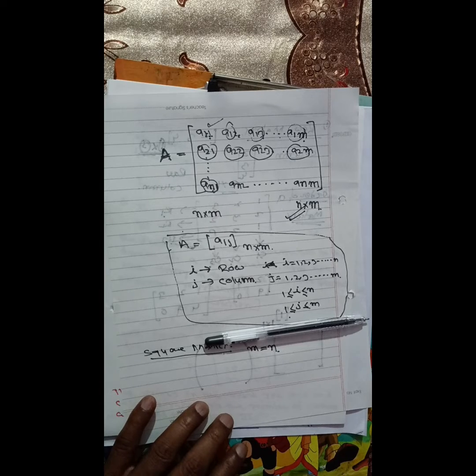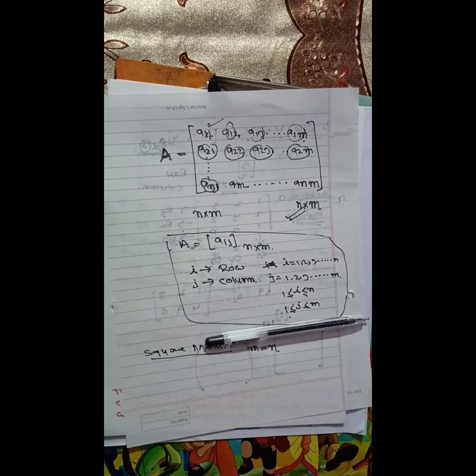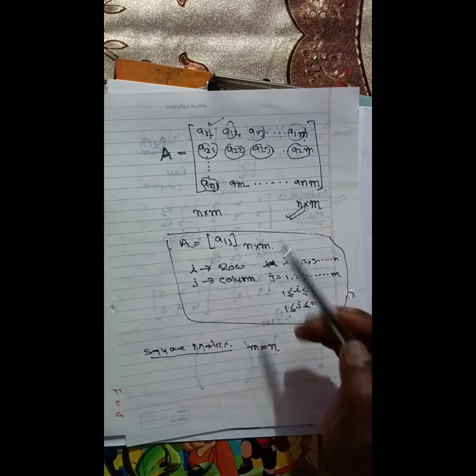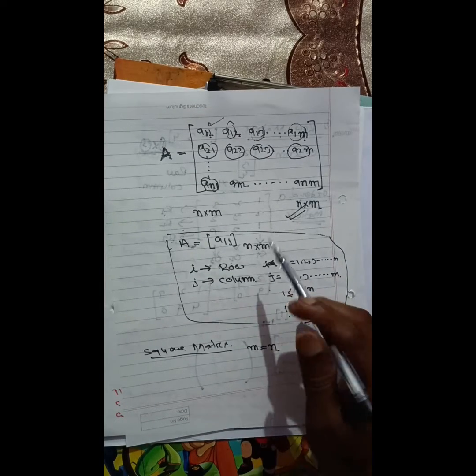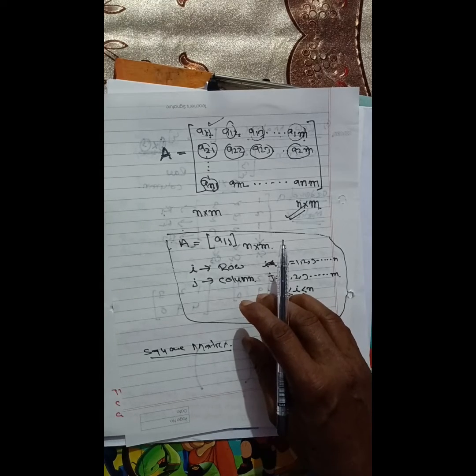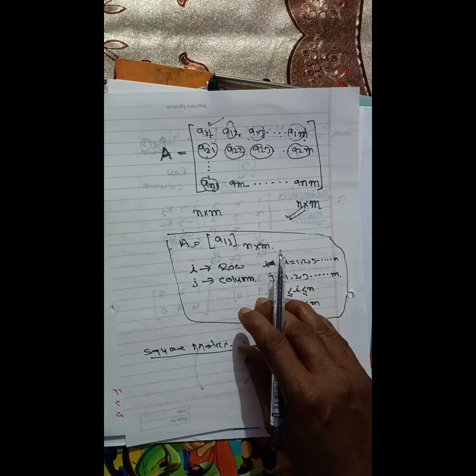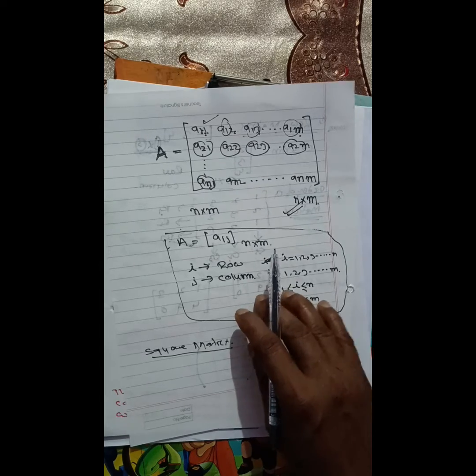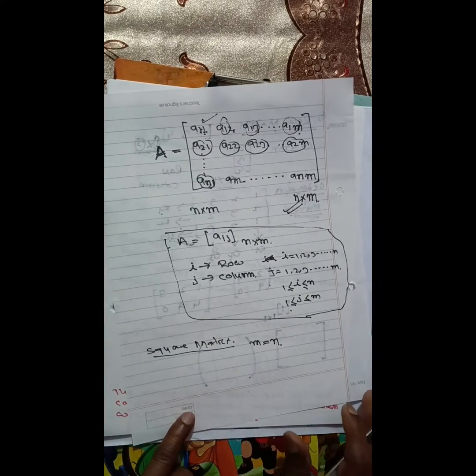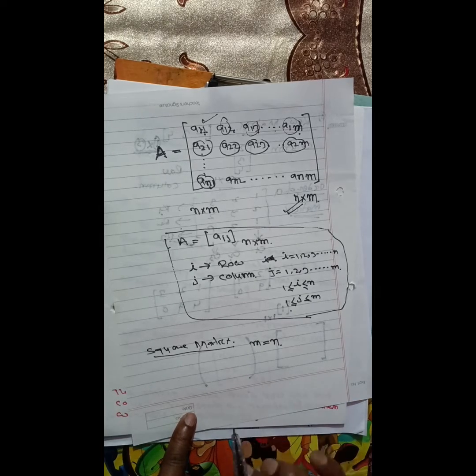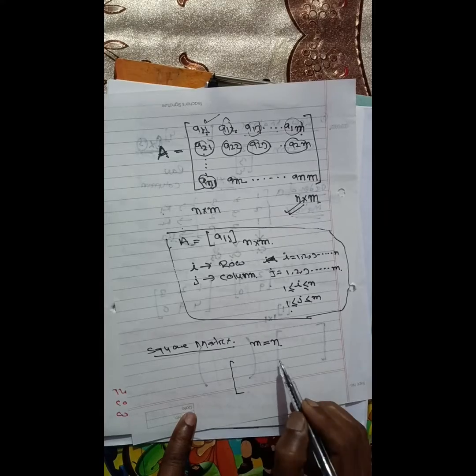Next we are going to discuss the diagonal matrix. A matrix is said to be a diagonal matrix if all its non-diagonal elements are 0. In a diagonal matrix, the matrix is always a square matrix.